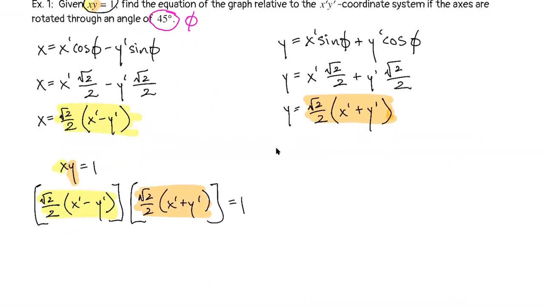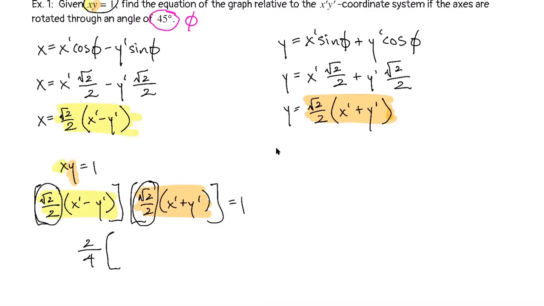Now we're going to simplify this. I'm going to suggest that we take our constants, bring them to the front, and multiply them. So root 2 times root 2 gives me 2 on the top, and 2 times 2 on the bottom gives me 4 in the denominator.